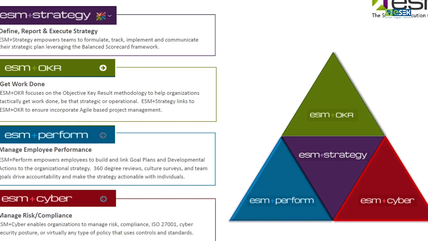It then helps individuals arrive at what their own OKRs are in terms of contributing to that end state. ESM Perform is where we incorporate employee goal plans and developmental plans so that we can understand how employees are contributing or not contributing to the overarching strategy. ESM Cyber supports our risk and compliance frameworks. So that's a platform overview.